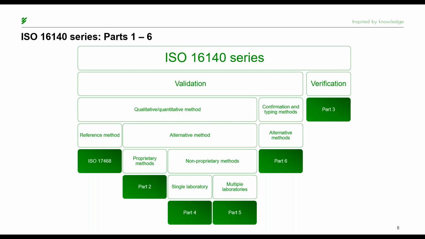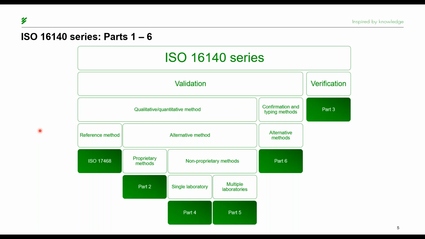Then for the validation, depending on whether what we're looking for is a qualitative or a quantitative method, we would have to be clear if it's a reference method or an alternative method.